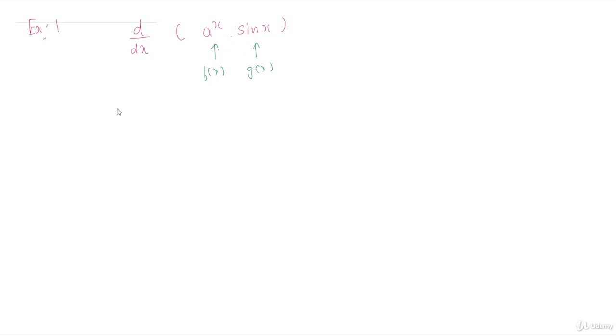So we will be applying the product rule here since two functions are in multiplication. And as per the product rule, we have the first function multiplied by d by dx of the second function, plus d by dx of the first function multiplied by the second function. Okay, so now let's substitute the values of f of x and g of x.